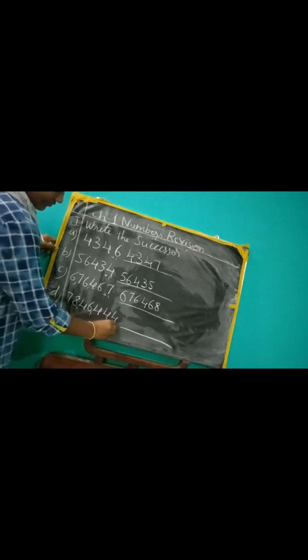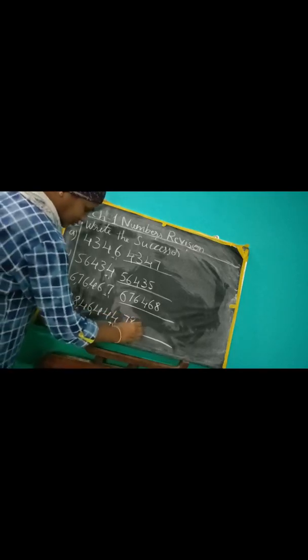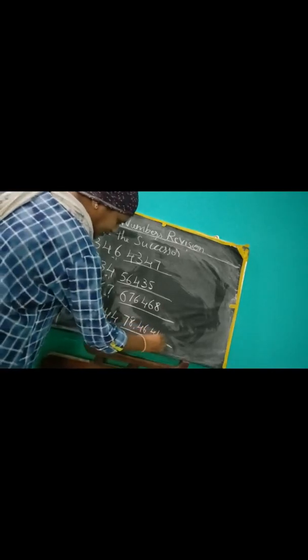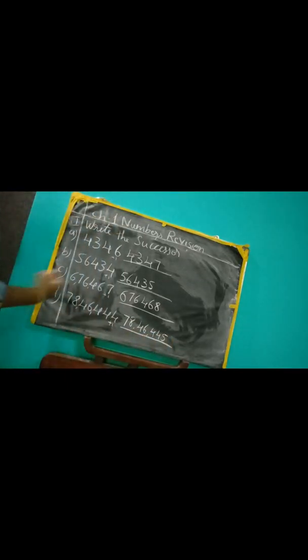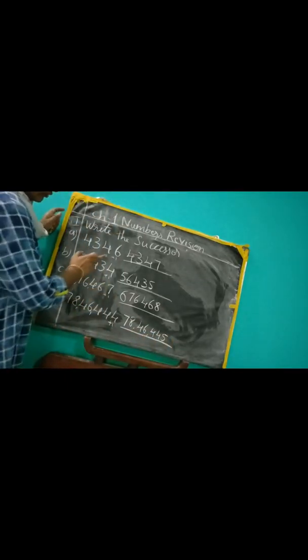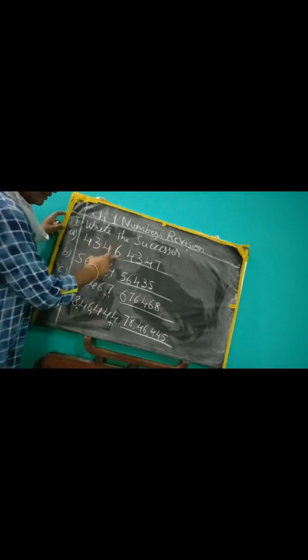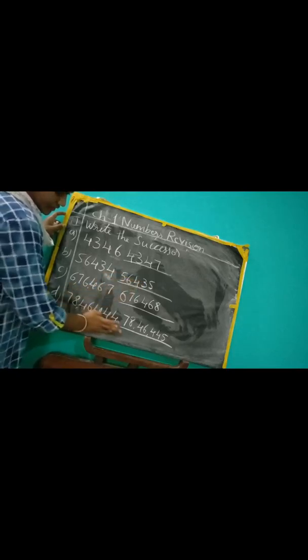We should add 1, so 78 lakhs 46,445. We added 1 and the next number came. Understood? What we did here? We added 1. That's why we got this number. Do this. Write in the classwork.